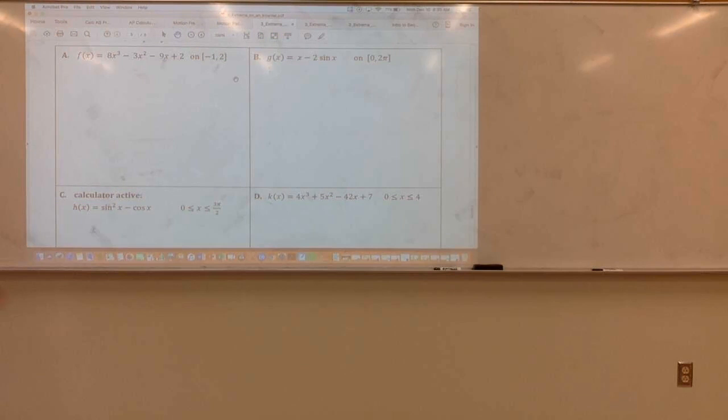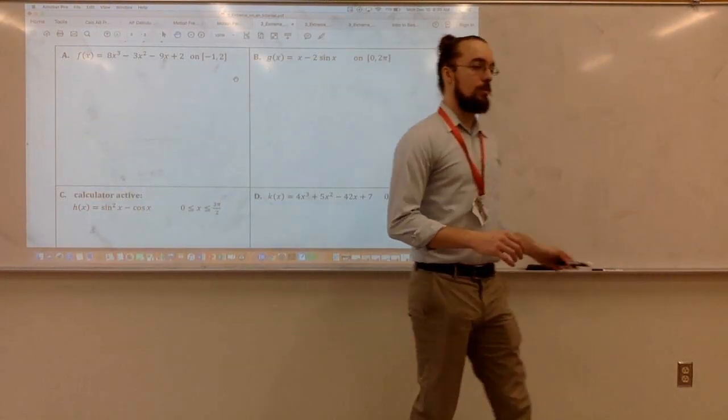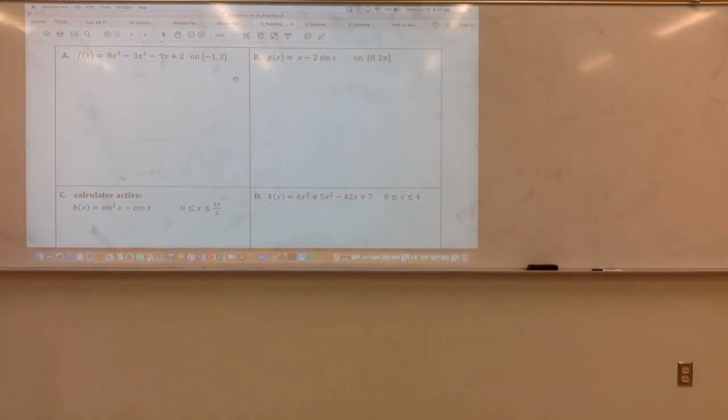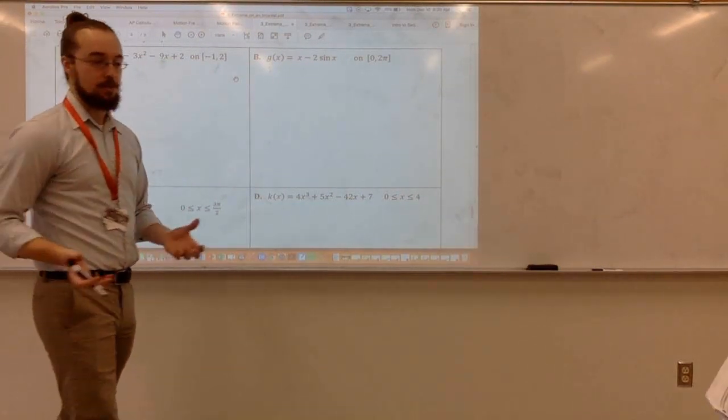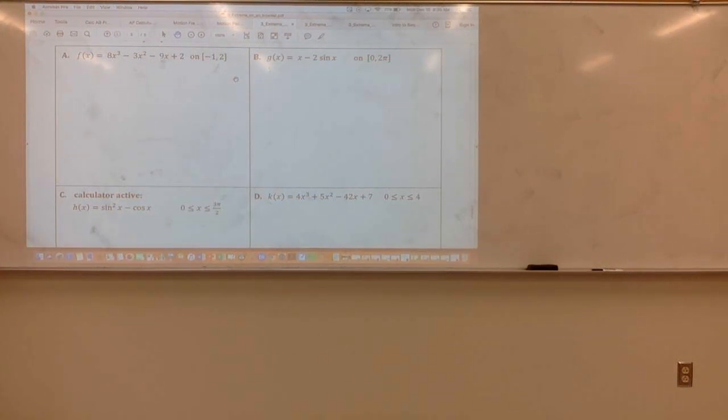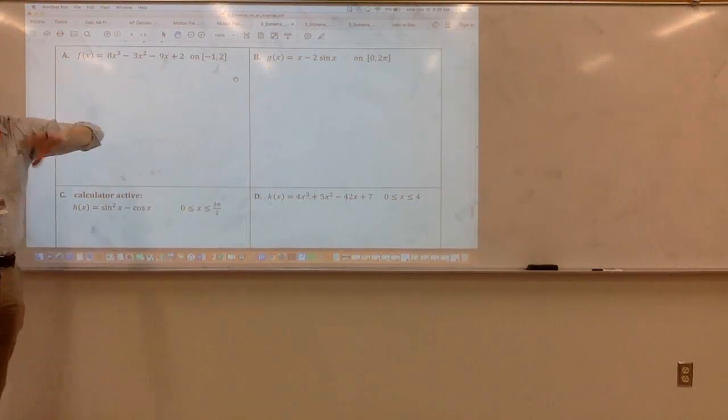So in the video, we went all the way through this first example. In this first example, to find absolute mins and maxes, what did we have to do? Take the derivative. So what points were we looking for?